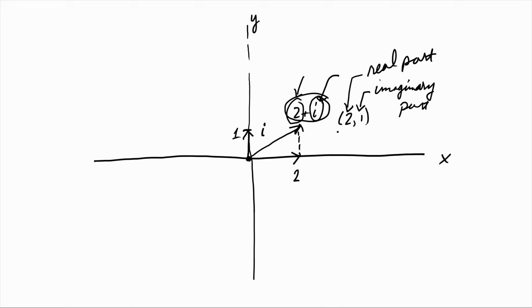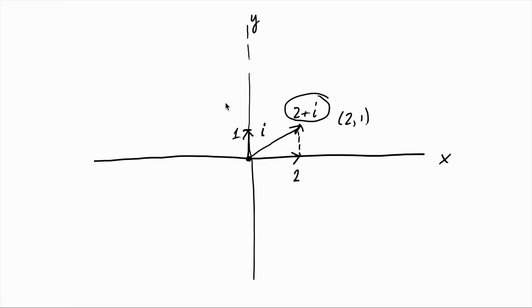Great. Okay, so let's look at another example here. Let's suppose that instead of just dealing with i, we dealt with maybe 3i.